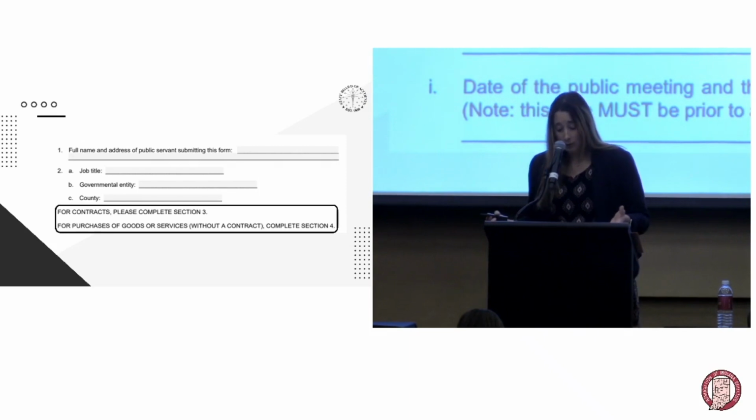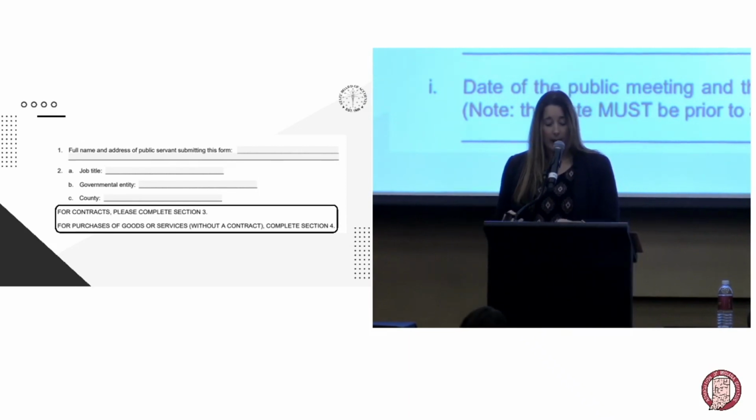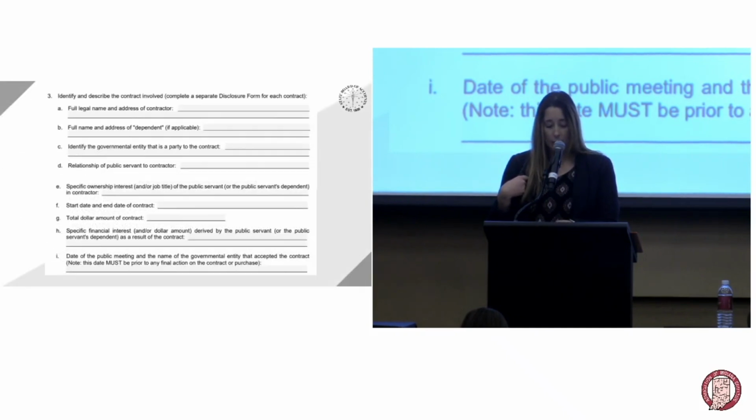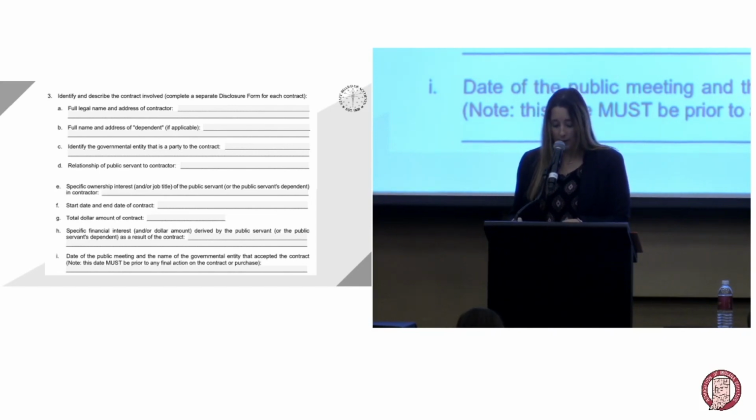There is a lot here, right? Again, it's going to want the legal name and address of the contractor, the full name and address of a dependent, if applicable. It wants to know the governmental entity that's entering into the contract, the relationship of the public servant, what the specific owning interest is, the start date and end date of the contract, the total dollar amount of the contract, and what that specific financial interest is.